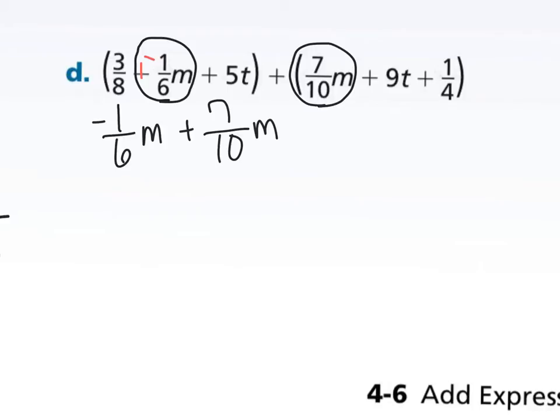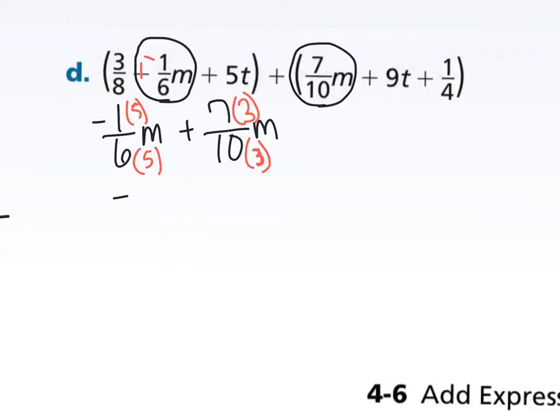Again, when we add or subtract fractions, we have to have a common denominator. Worst case scenario is multiply your denominators together. So 6 times 10, 60 would work. We could actually get 30 to work here as well. If you don't see the 30, go with 60. That'll work also. So 6 times 5 to get 30, 10 times 3 to get 30.